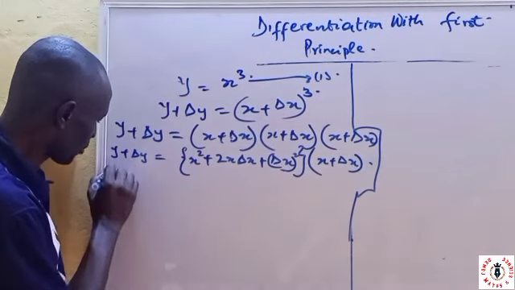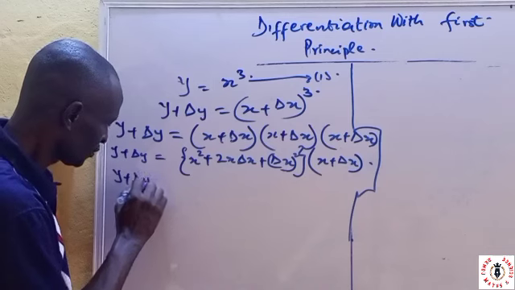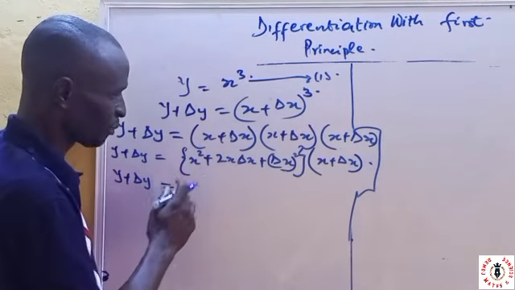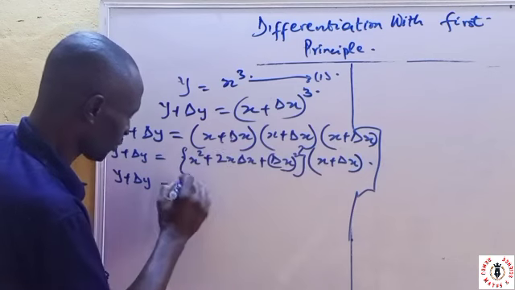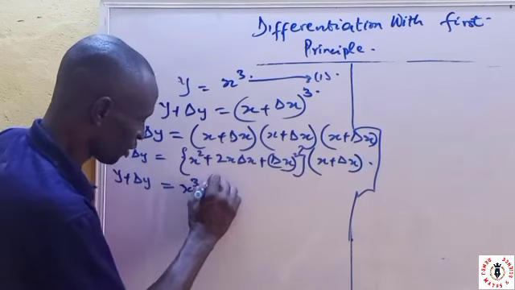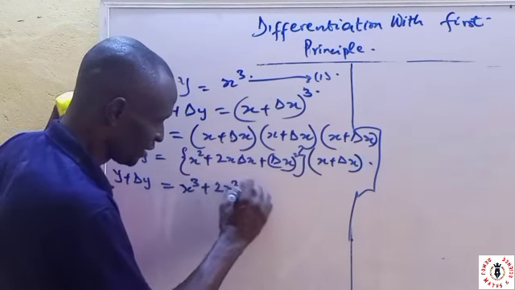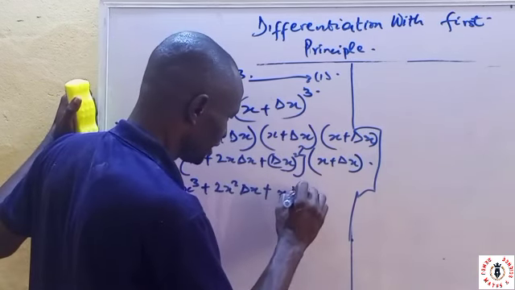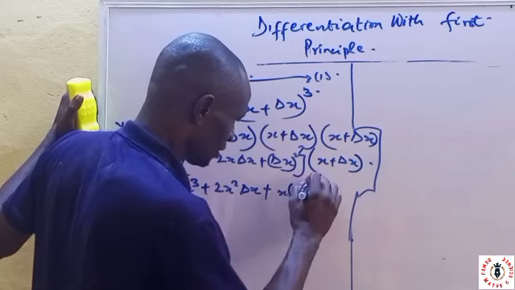So my y plus change in y is the same thing as, by the time you expand this, x will multiply this to become x cubed plus 2x squared change in x plus x change in x all squared.